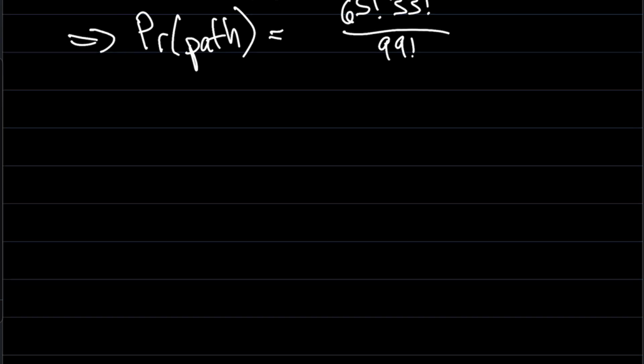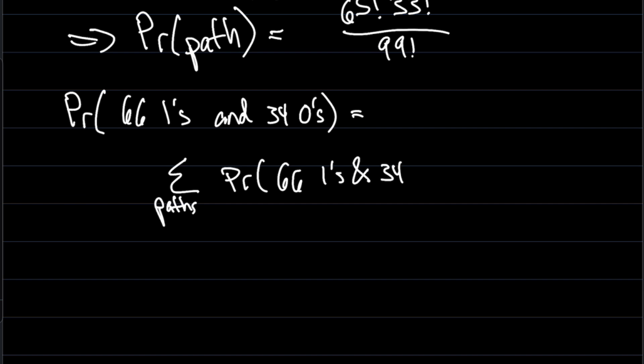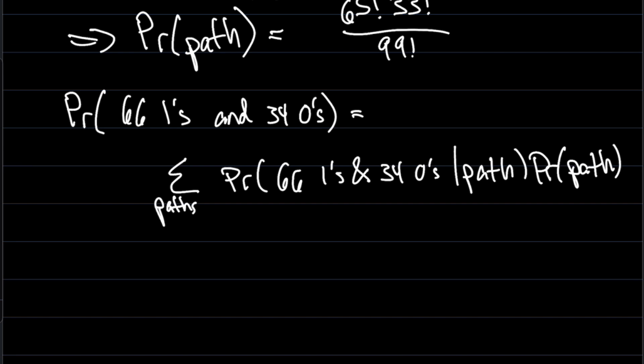So now we want to look at the probability that we have 66 ones and 34 zeros. This will just be the sum over all paths of the probability of we have this 66 ones and 34 zeros given a specific path times the probability of that path, right?